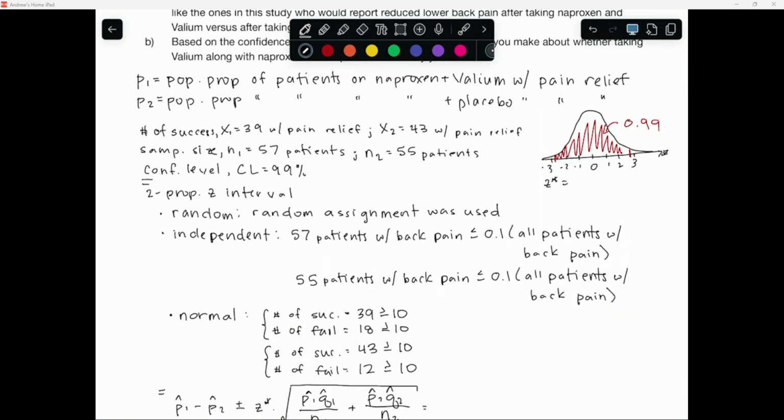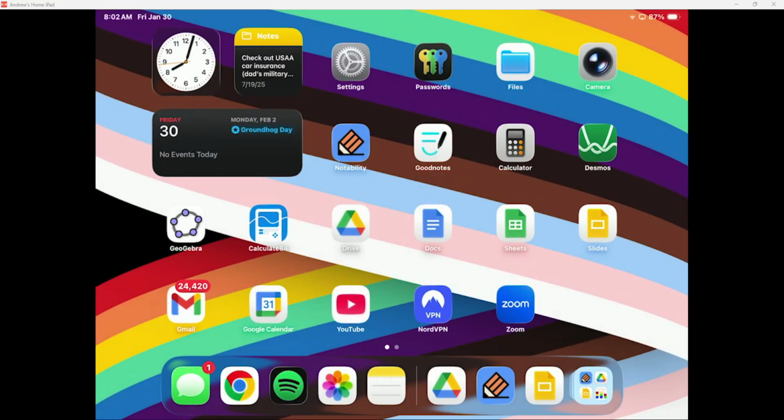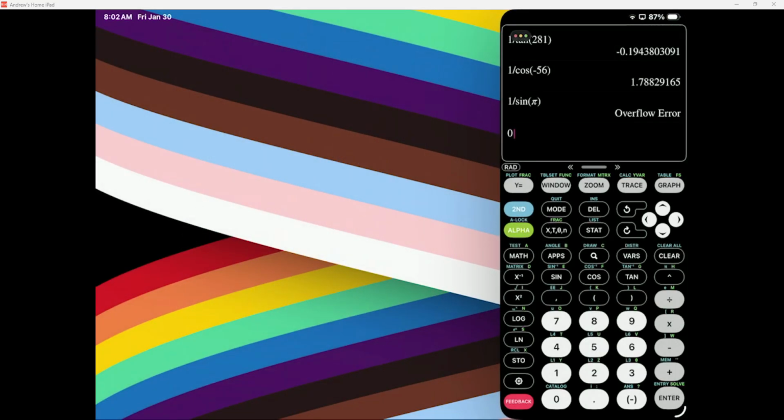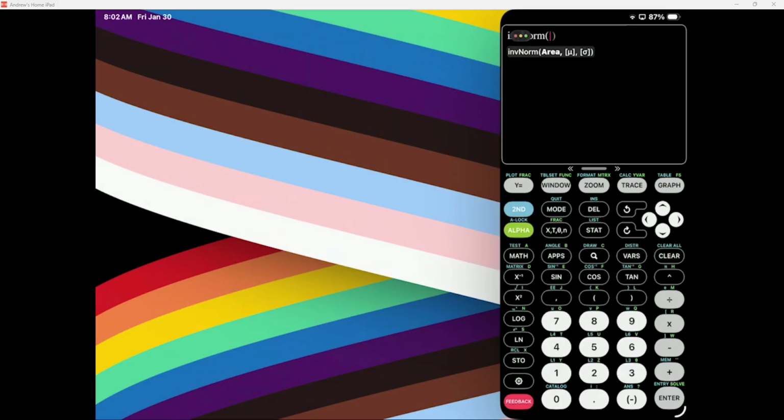And then we're going to pull up normal or inverse normal on our calculator to calculate that. So second vars, inverse normal, and you'll notice mine doesn't have a tail, so I need to give it the left tail. Mine assumes left tail.